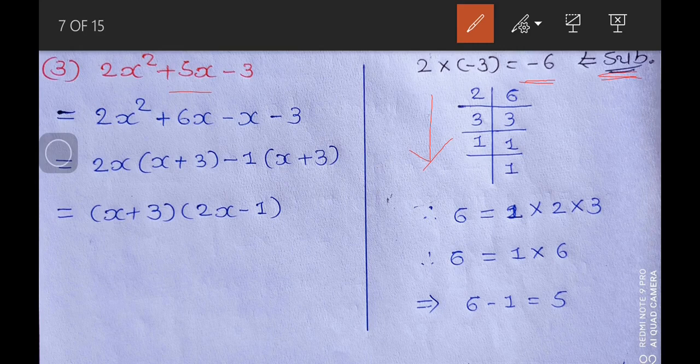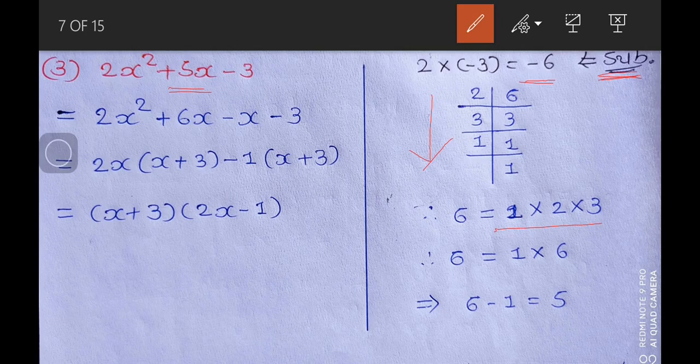By getting the factorization of 6, we find it as 1 into 2 into 3. We can write only 2 and 3, but here we have put 1 also. So now we reduce it to only 2 factors, we do subtraction, and we find the middle term.